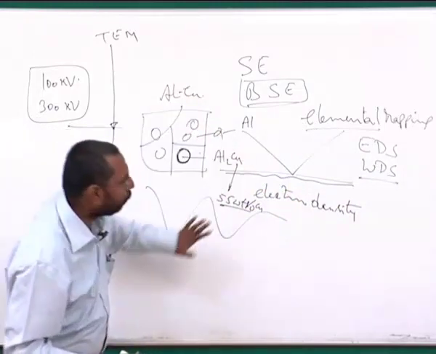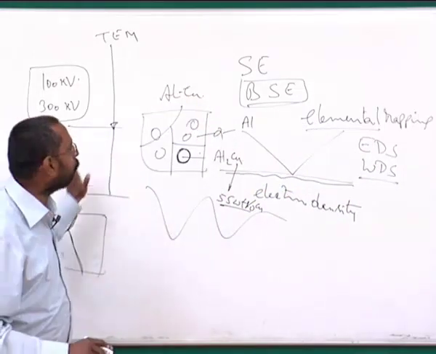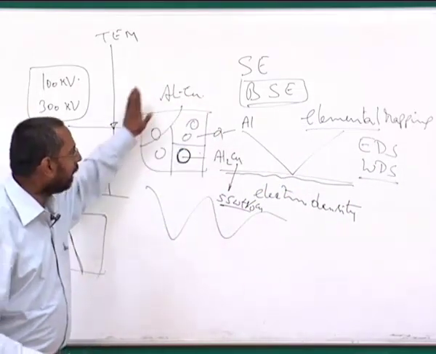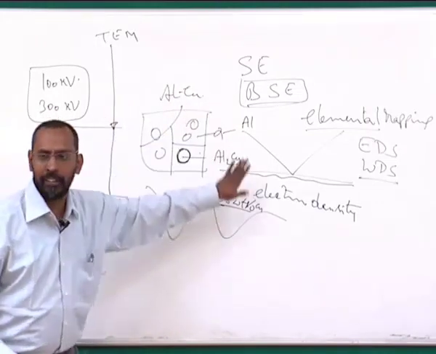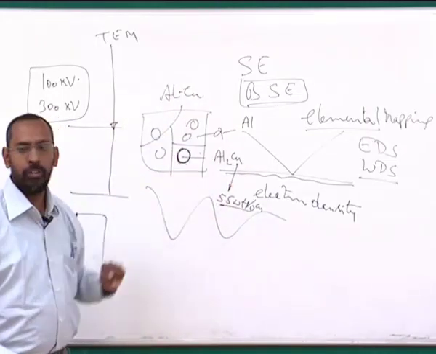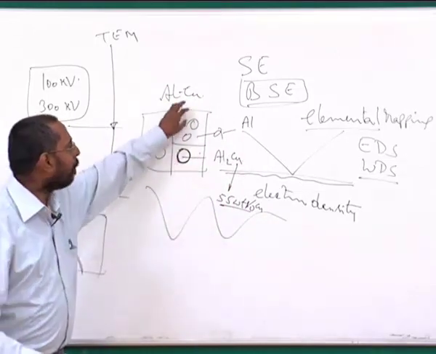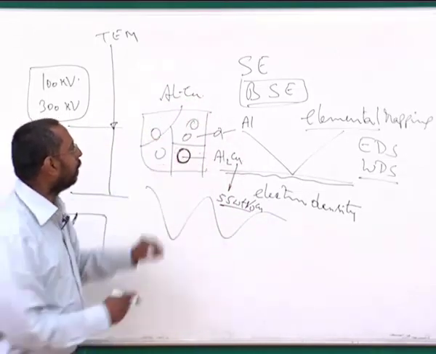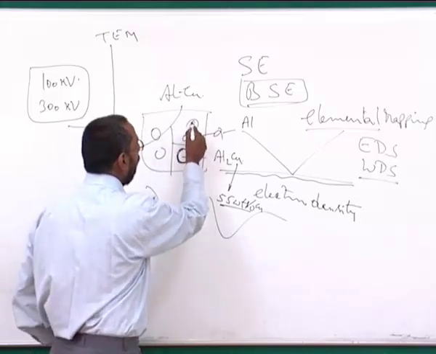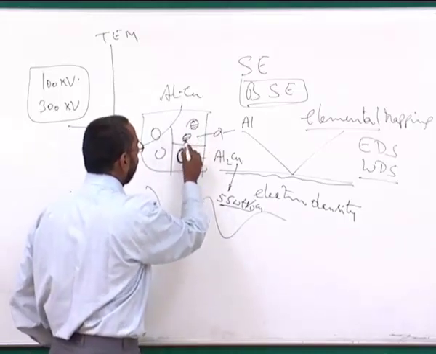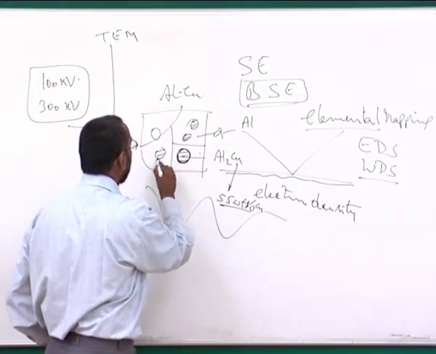We can actually do elemental mapping. For example, if I do copper mapping, you will clearly see that everywhere else, wherever the Al2Cu is not there, there will be no copper at all. So the copper mapping, if I do, this whole region will look dark, and only these regions will look bright, because these are the regions where copper is there.